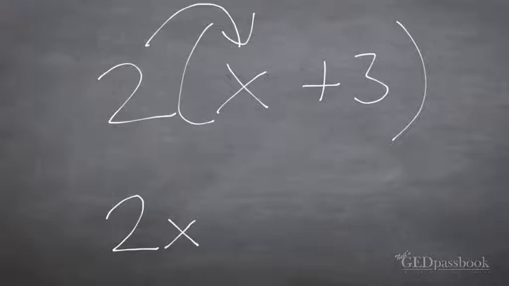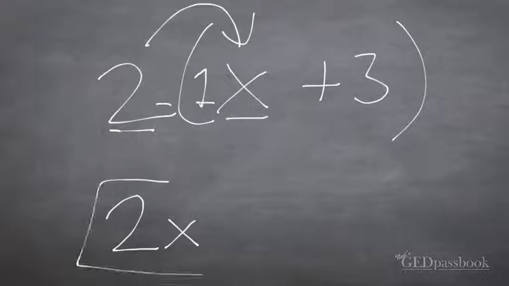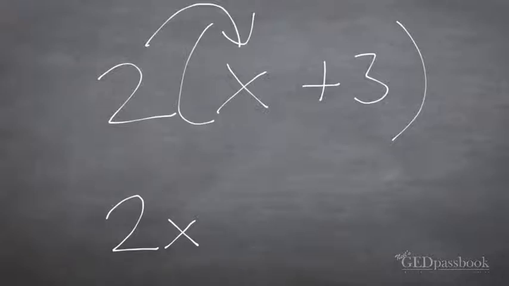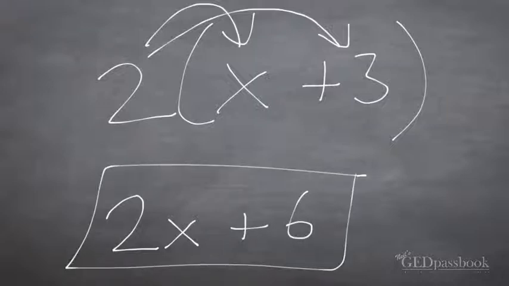Again, step by step. 2 times, what's the number that the x has? 1. X times no x just gets brought down, so 2x. So now tell me, what is the same number on the outside, the 2, times positive 3? Positive 6, and boom, there's your final answer.